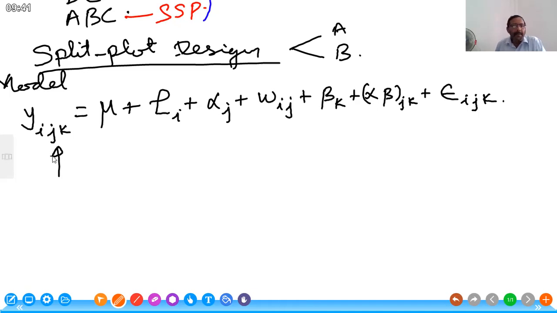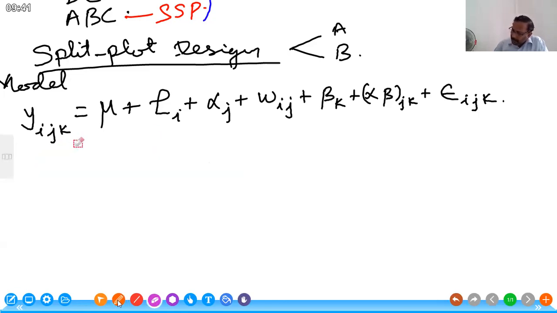Can somebody tell me what this yijk is, how we can define it? Observed value of... Before we say that, we define the ijk.